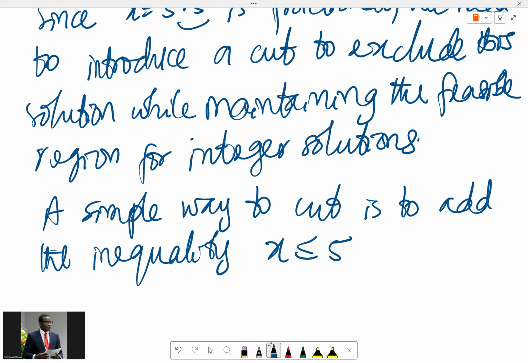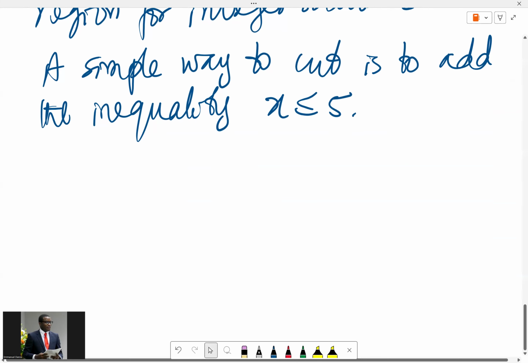We also have the option of saying x is less than or equal to 6, because 5.5 lies between 5 and 6. That bears a close resemblance to the branch and bound method. But the easier one is to just say x equals 5. So that way we know that whatever happens, the worst case scenario, x will be 5, right? So this cut excludes the fractional part, x equals 5.5, because now any solution for x must be less than or equal to 5. So a simple way to cut is to add this inequality.